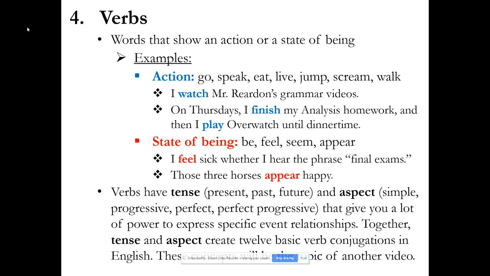So when you put tense and aspect together in English, you get 12 basic verb conjugations. If you can recognize these 12, it can really give you a sense of how the events in some complex text are being put together in time.